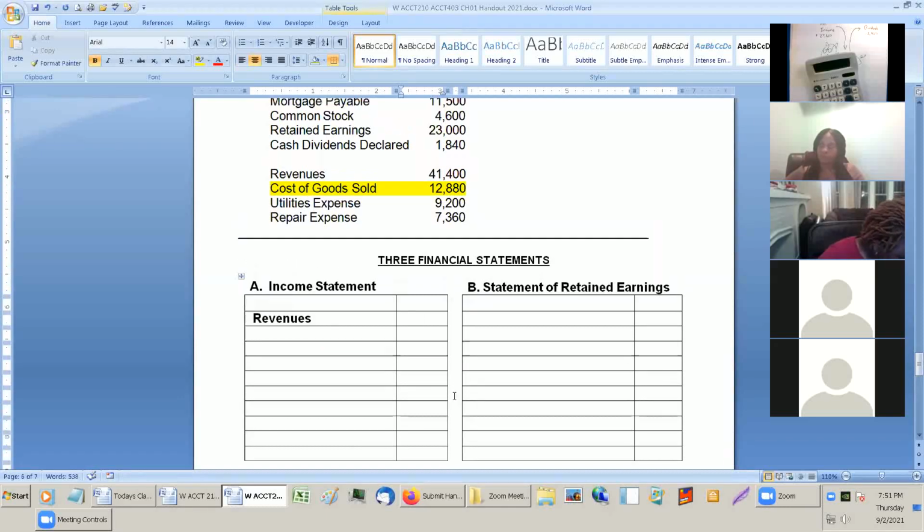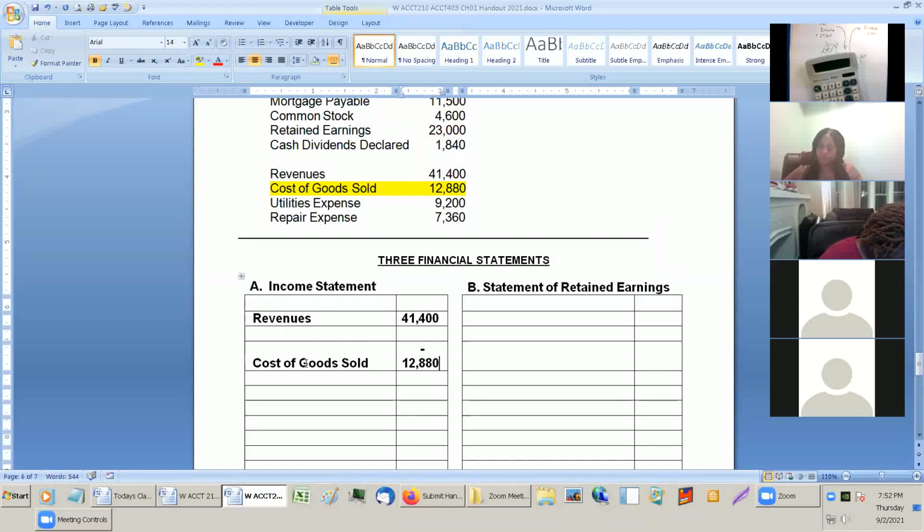Okay, so we have revenues of 41,400. Now, this cost of goods sold is the tricky one.